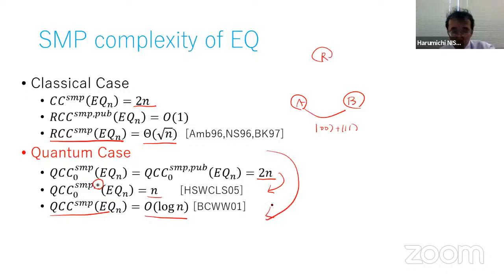So this gap is an exponential gap. This paper is very famous, using quantum fingerprinting. So maybe some of you already know.